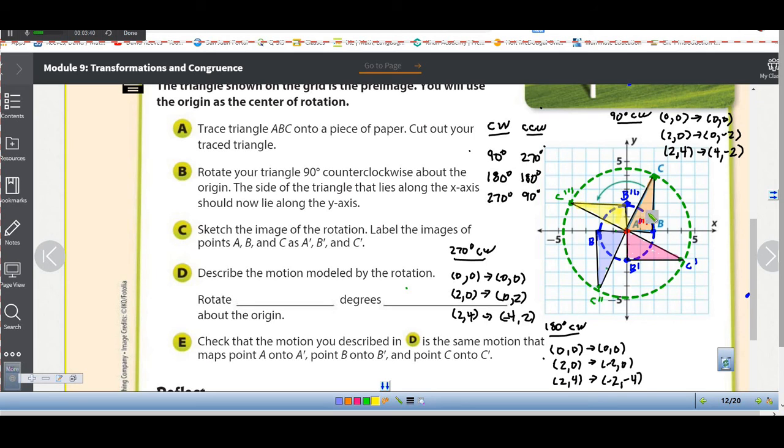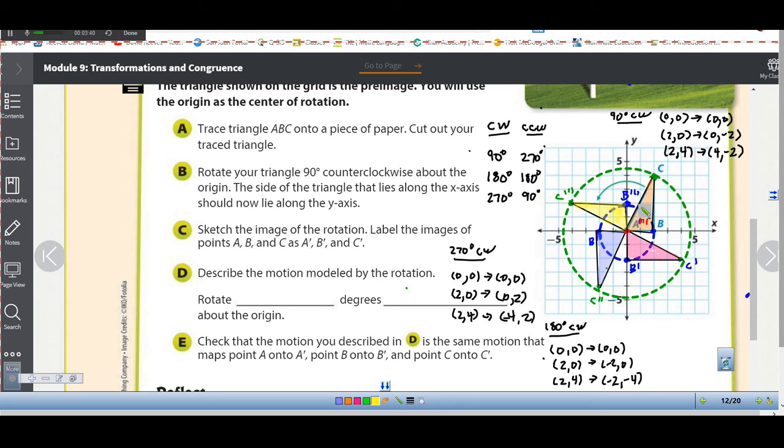Okay, so the orange one was our pre-image. The pink one here was a 90-degree rotation clockwise, or we could have gotten the same thing by going 270 counterclockwise. This bluish purple one was 180 degrees either direction. And finally, this last yellow one was 270 degrees clockwise or 90 degrees counterclockwise.